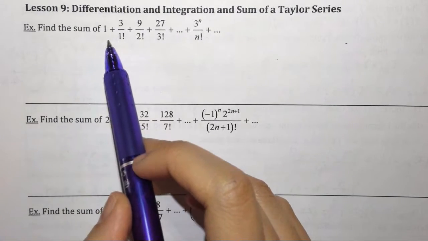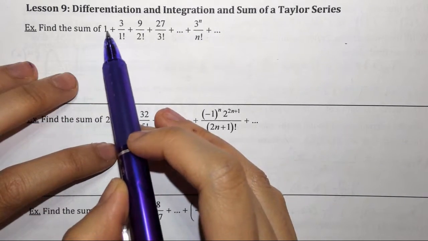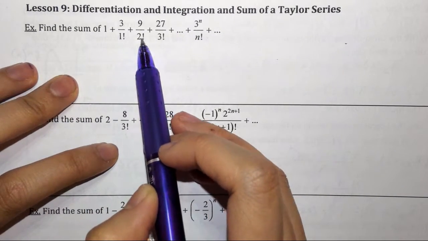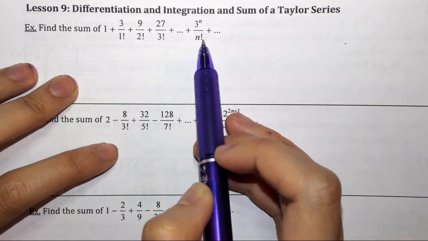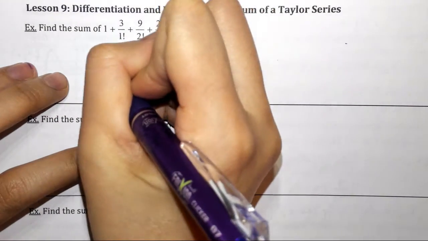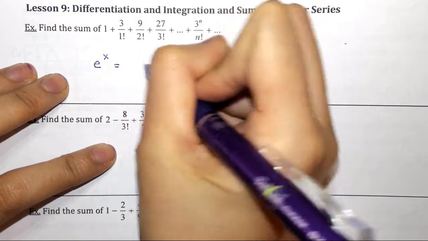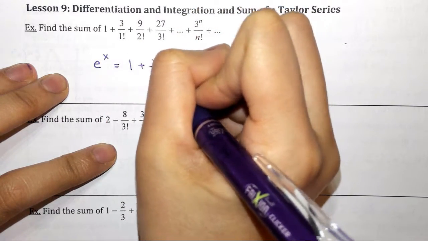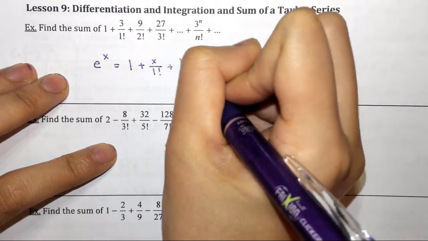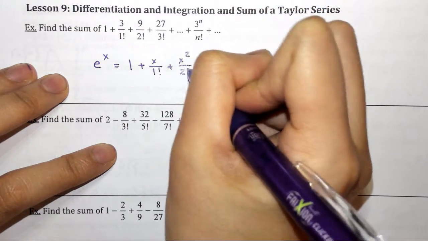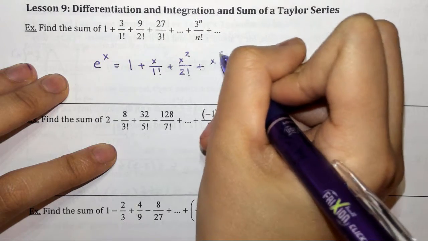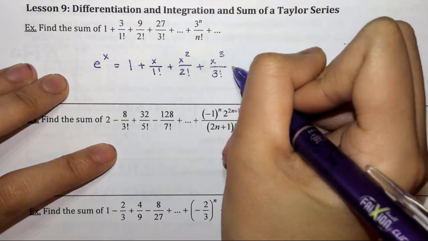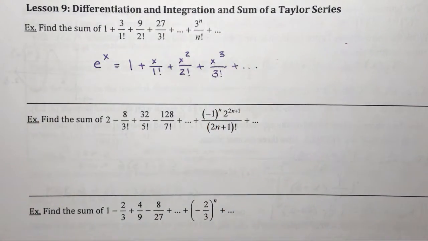If we look at this, we have 1 factorial, 2 factorial, 3 factorial, and then n factorial. And if you remember the e to the x function, that one went 1 plus x over 1 factorial plus x squared over 2 factorial plus x cubed over 3 factorial, right? And that's what e to the x looked like.